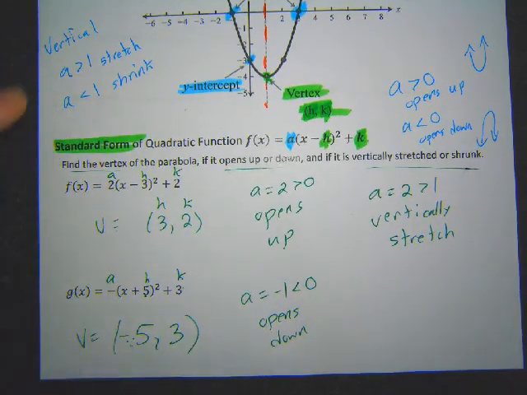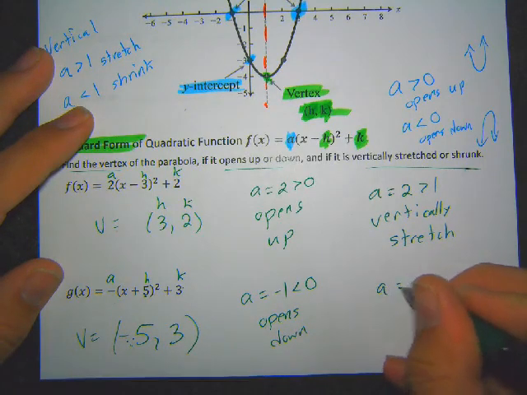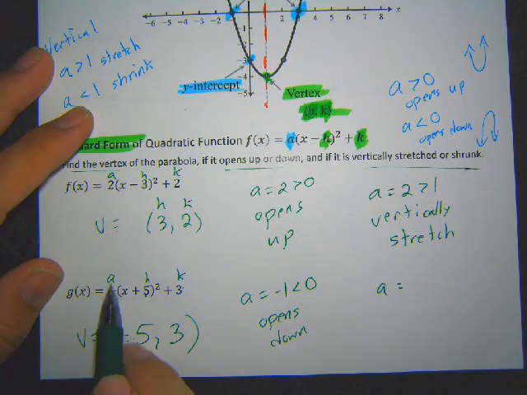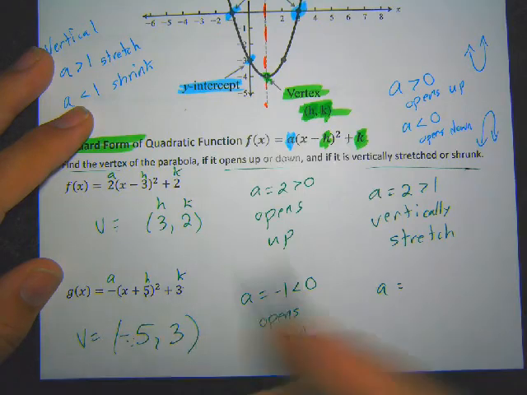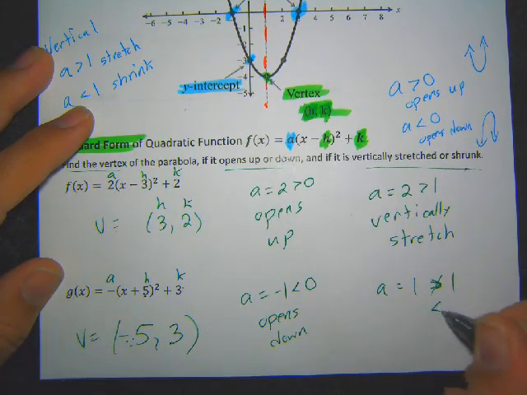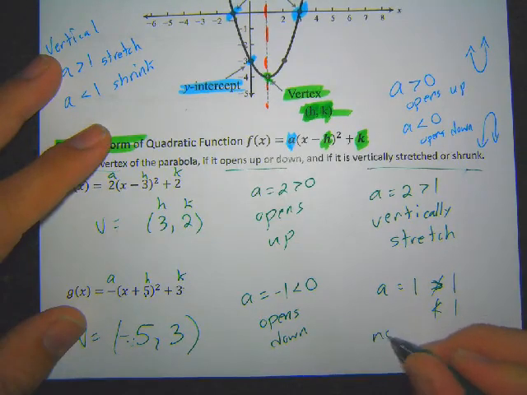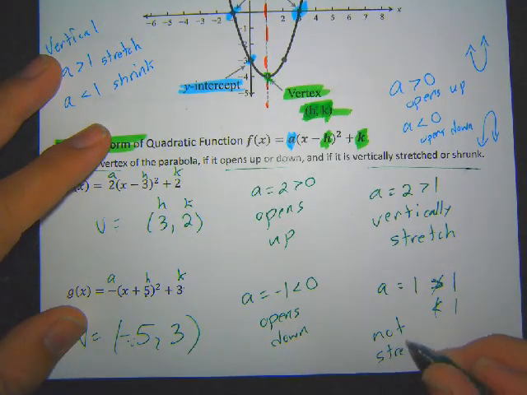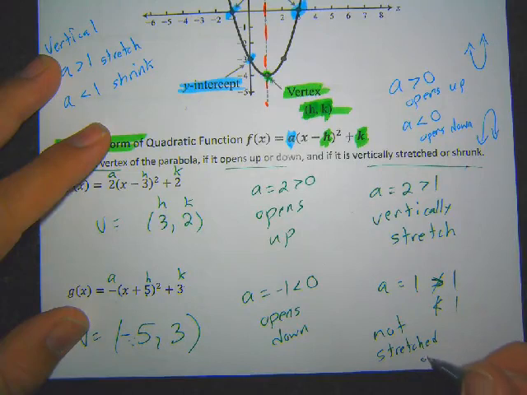I flipped it over. Last thing, a is 1, right? So here we're ignoring the negative. We're just looking at the 1. And a is 1, which is not bigger than 1, and it's not less than 1. So it's not stretched or shrunk.